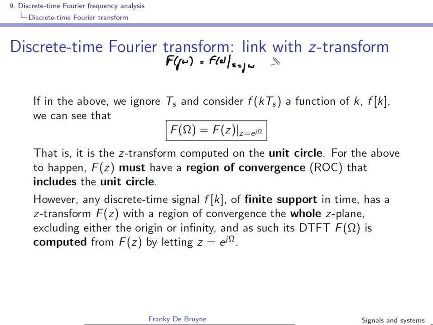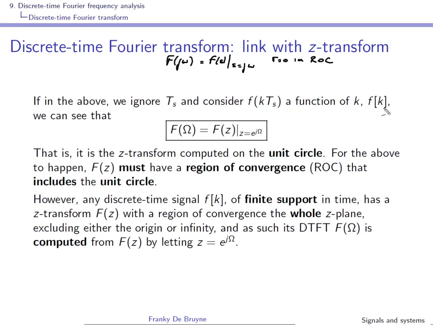If this is the case, it's the easiest way to obtain the Fourier transform. You take the Laplace transform and you replace s by j omega. Laplace transforms are quantities that you know very well.